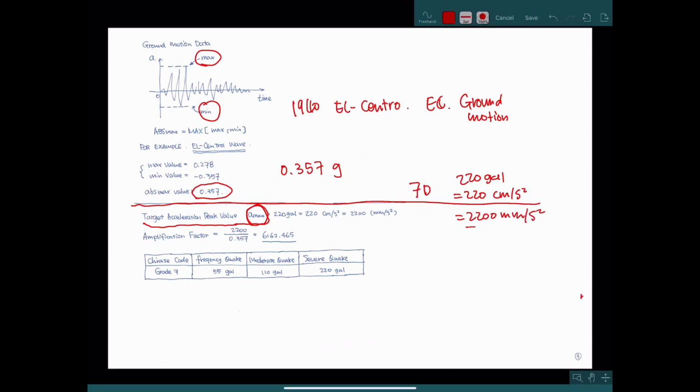So this is the target value, and we need to scale up. For example, in this record, the maximum value is 0.357, so we need to scale up to be 220. So this is the scale factor.